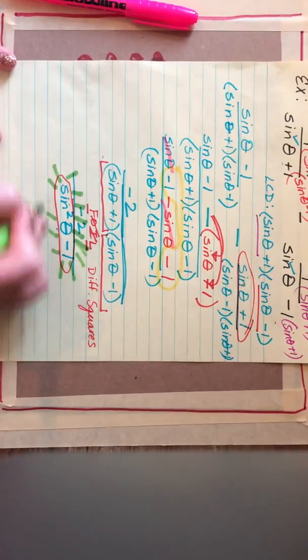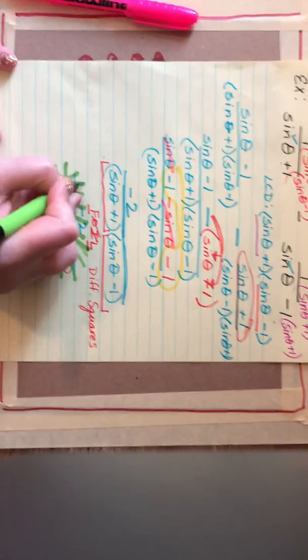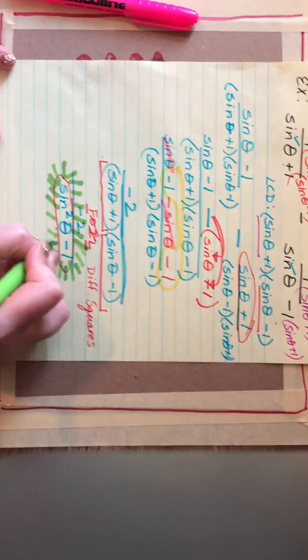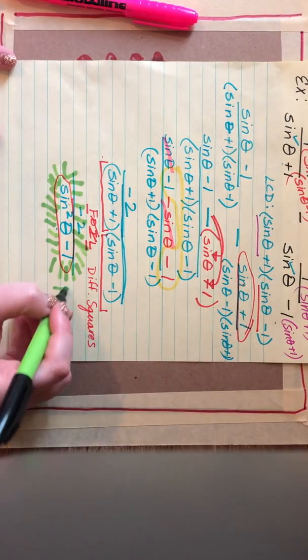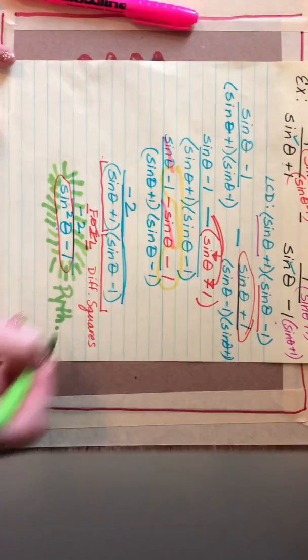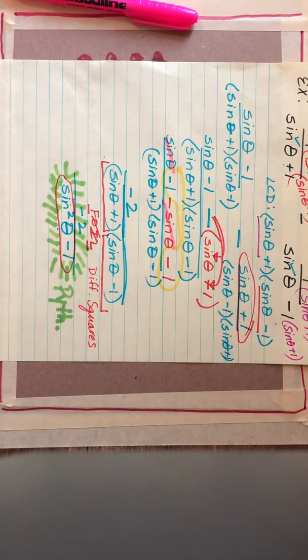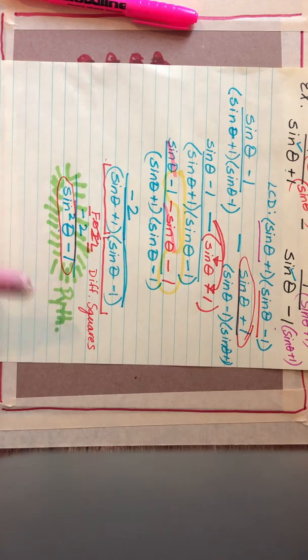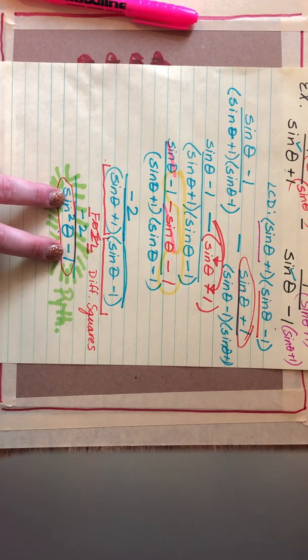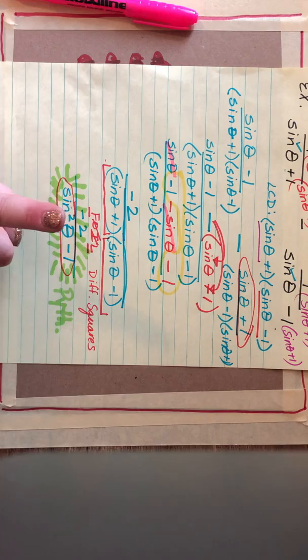Anytime you ever see something squared and a 1, alert. It probably means alert yourself to the Pythagorean identities. Let's look for a Pythagorean identity that has sine squared and a 1, and maybe instead of this sine squared and a 1, I can replace it with one thing.